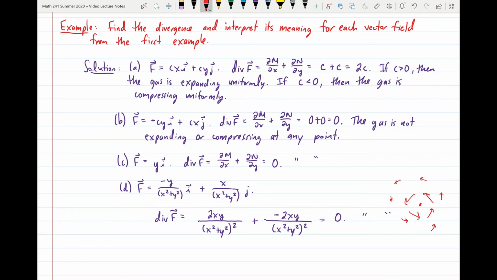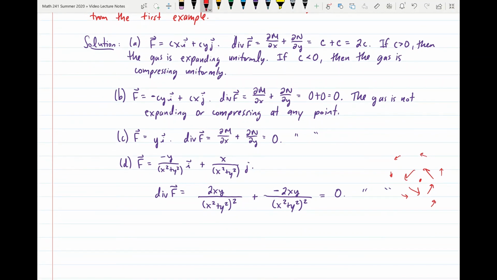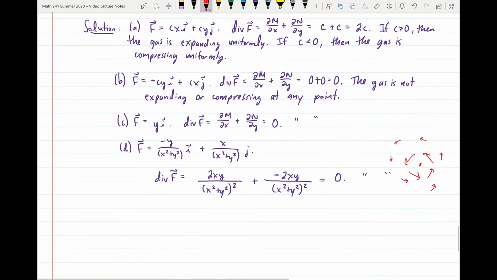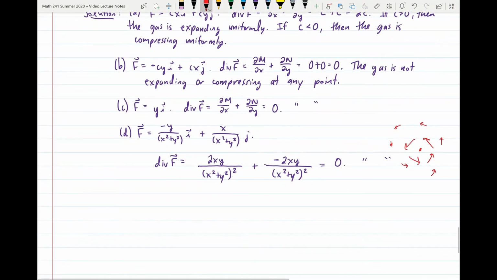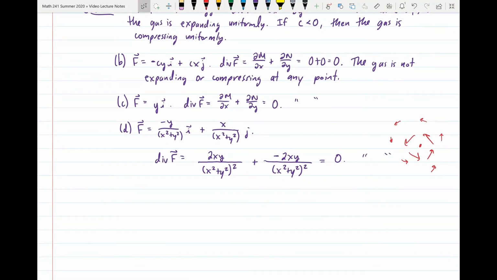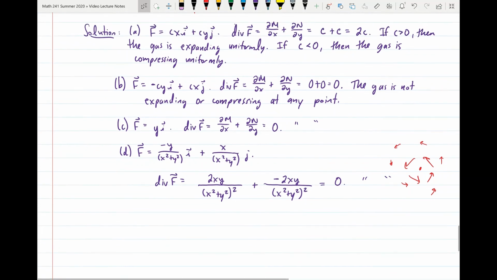And it's an interesting fact that if the flow of a fluid inside of the plane can be modeled with a vector field such that the divergence is 0 at all of the points, then we would say that that fluid is incompressible, meaning that the fluid doesn't get more dense or less dense over time as the fluid is flowing.